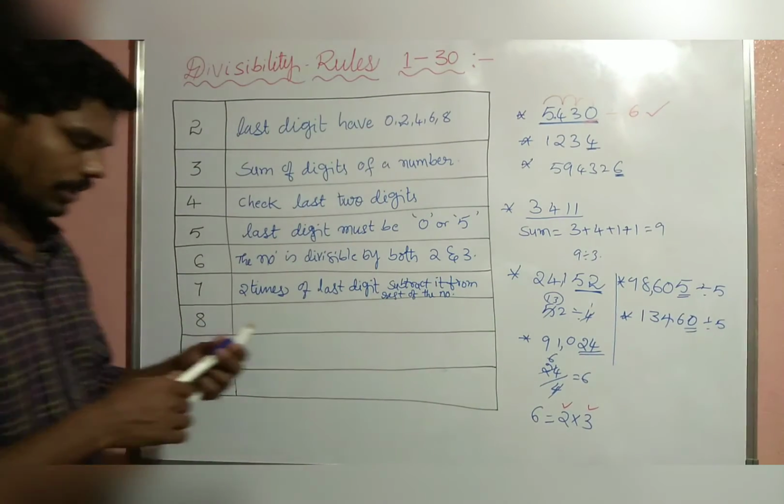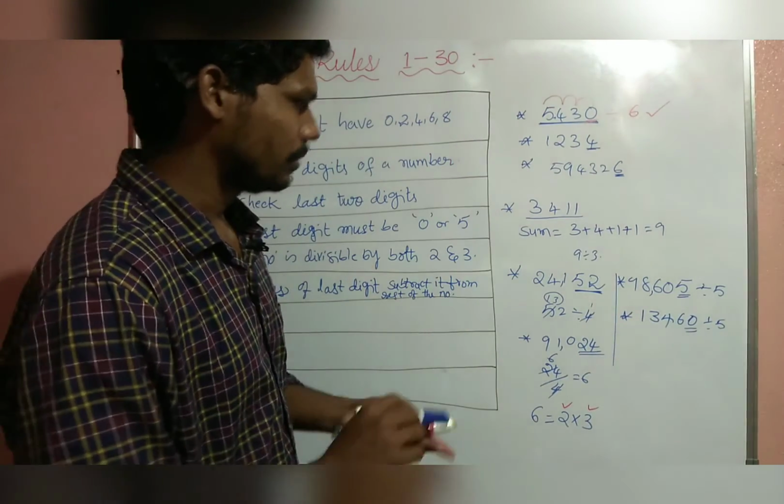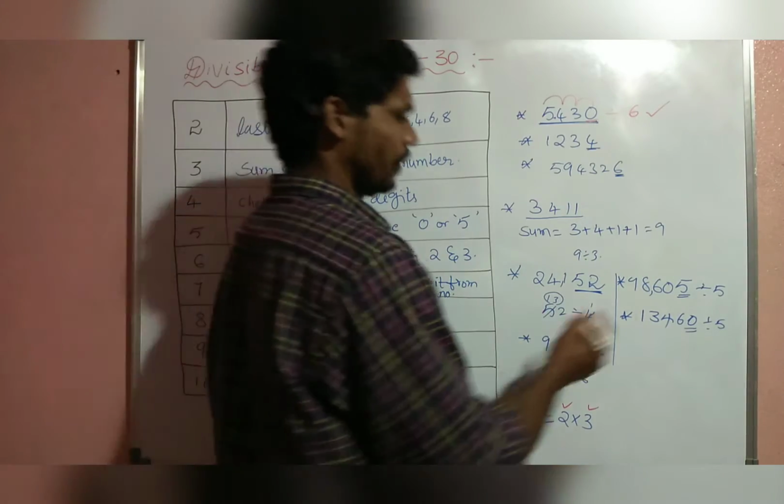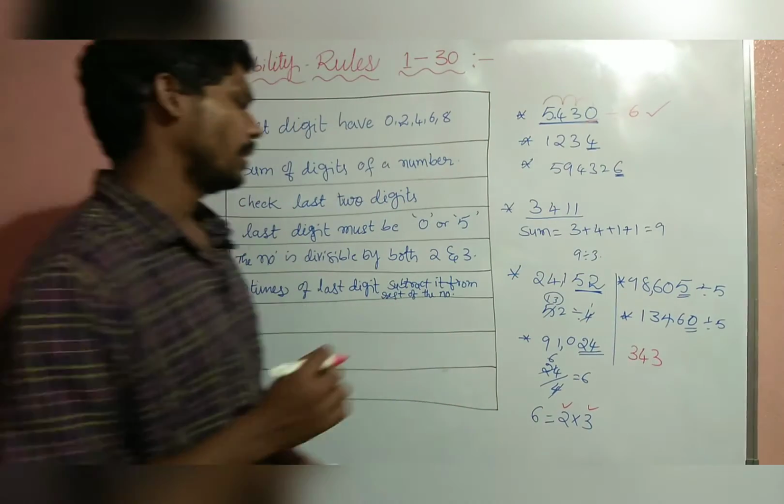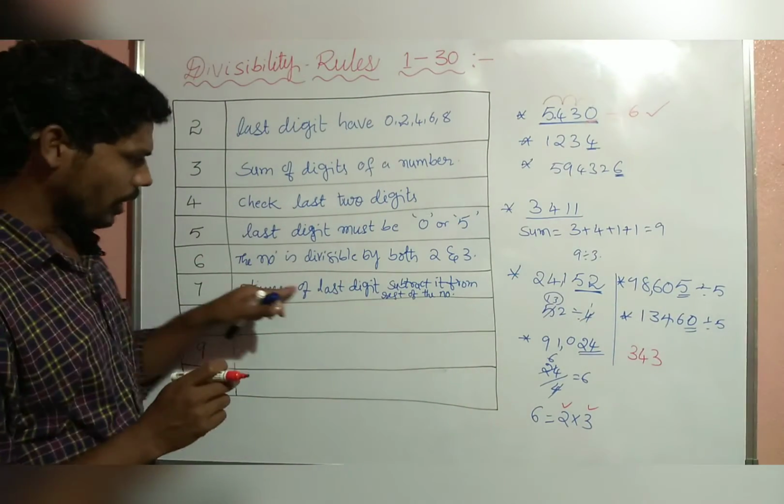For example, the divisibility rule of 7, let us say 343. So 2 times the last digit.